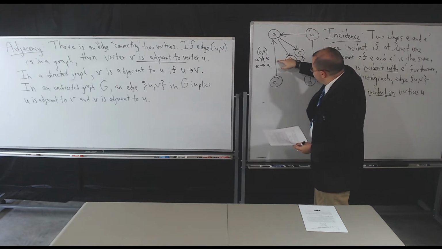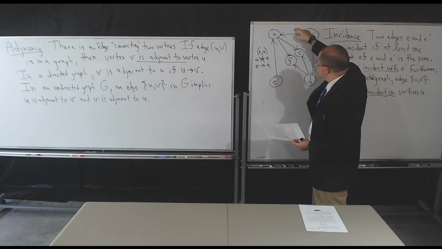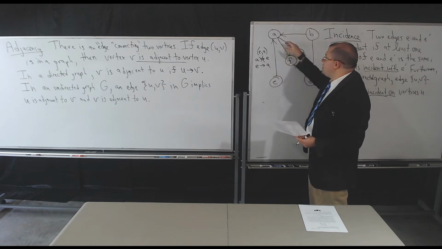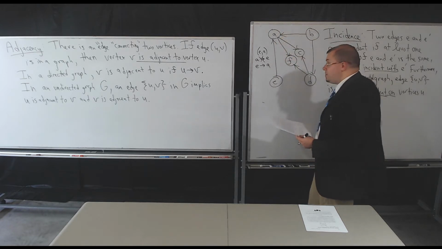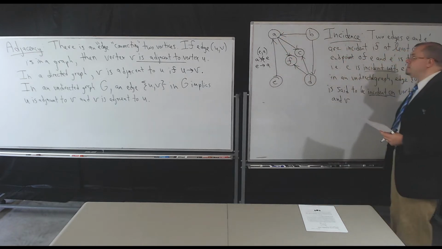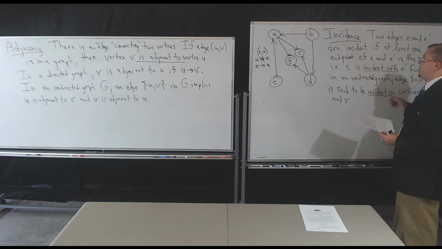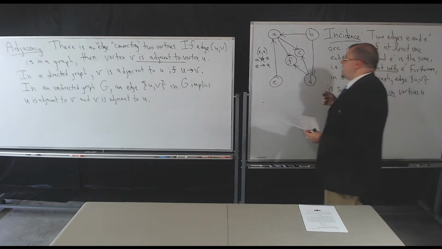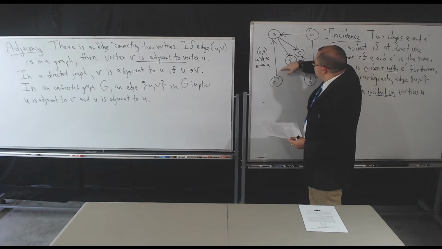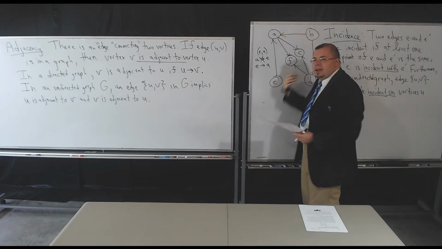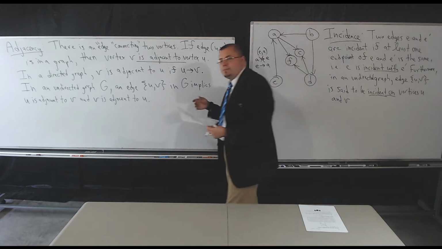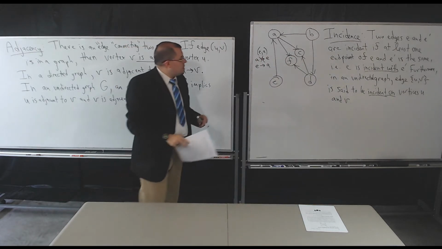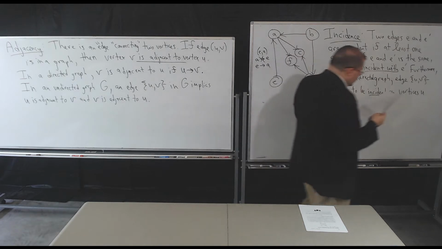You would say, okay, this edge, this edge, this edge, and this edge. All of these edges are incident on A because they share a common endpoint, A. However, if I want to talk about two different edges, I could say that the edge (E, A) is incident with (A, B) because they share one common endpoint, A. Okay? So that's really it.